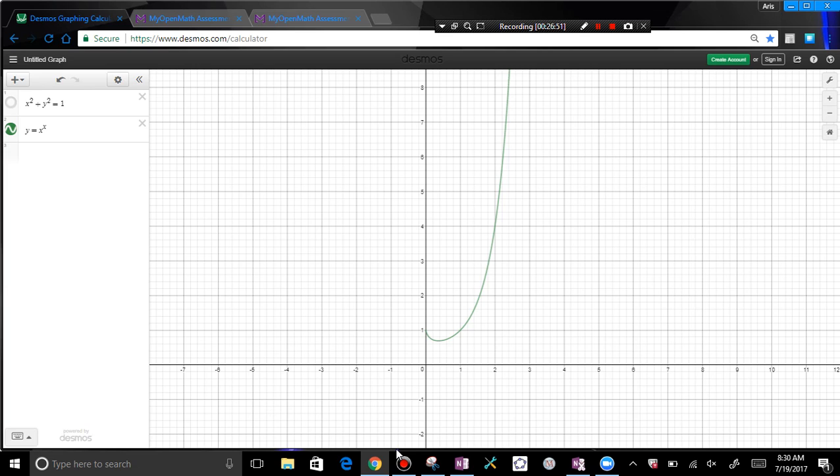Because whenever you have a decimal as the power, then you're talking about taking roots, right? And if you're talking about taking roots, then that means you need to avoid negative numbers. And so, you're just not going to see anything over here in terms of connecting dots. Is that okay? Did that answer your question? Okay.